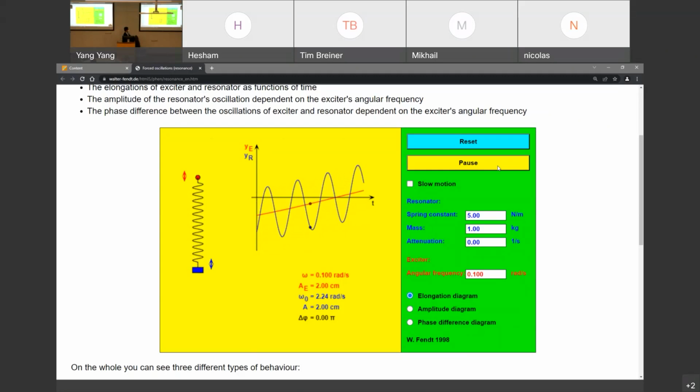So looks like the response of the system is centered around the motion of the external force. So looks like the average of the response is pretty much the input over there.